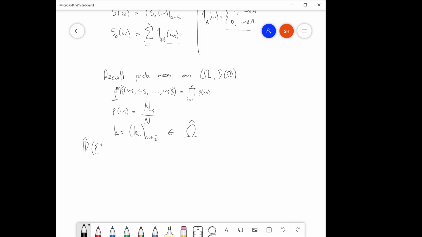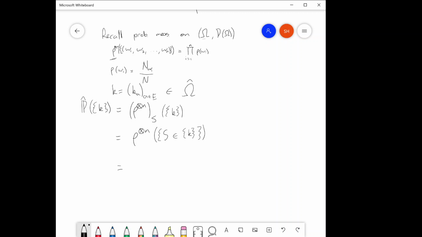Then the probability of the singleton set {k} is, by definition of this push forward, S pushed forward of the singleton set {k}, which is rho tensor product n times the set of omega such that S of omega is in {k}.